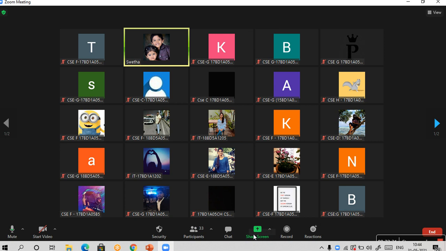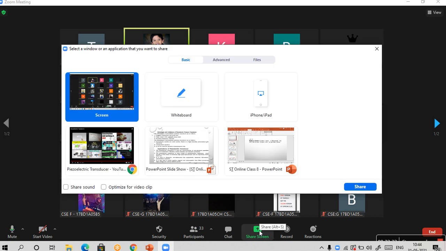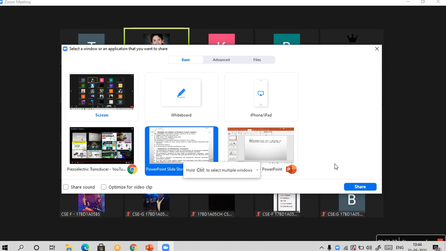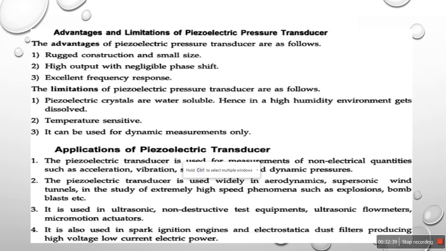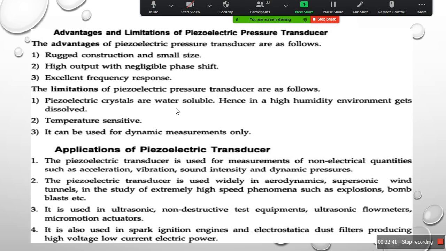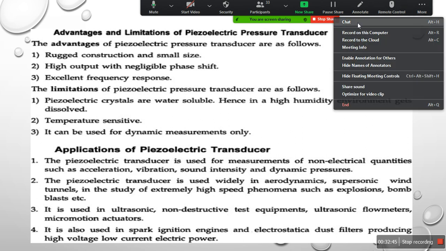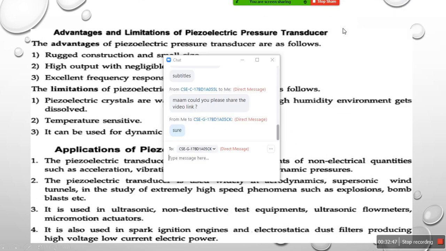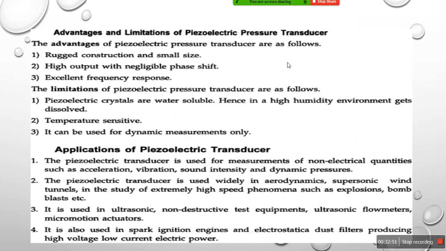Okay, so that is what the piezoelectric transducer is, and coming to this continuation. I just heard some of the students. I'll just send you the link. It is very easy to understand. Maybe there are no subtitles, I think so.